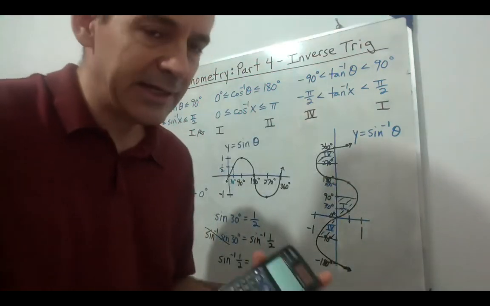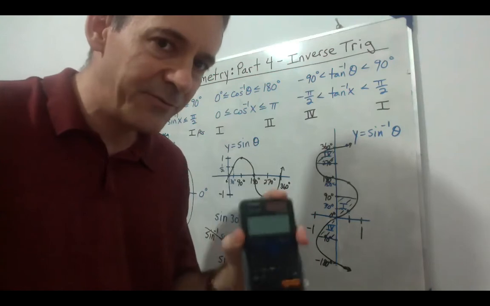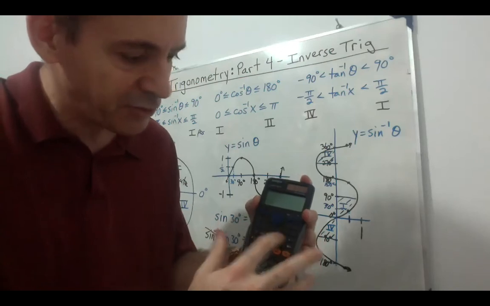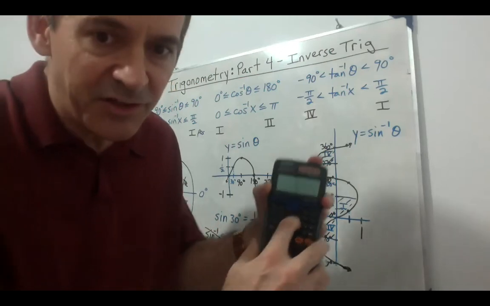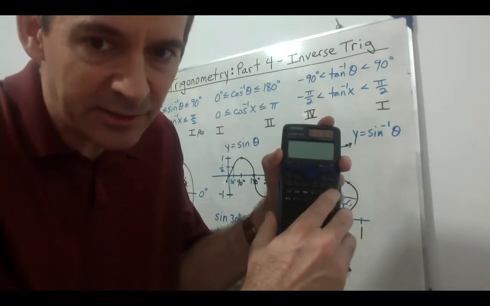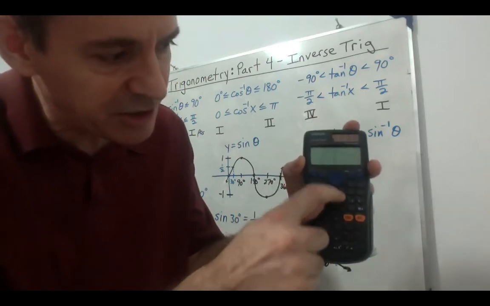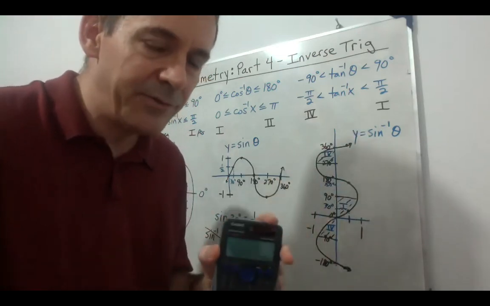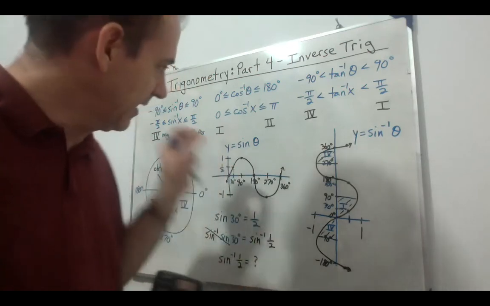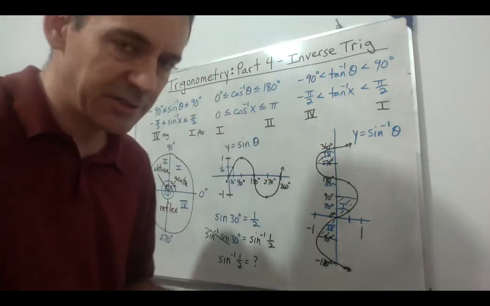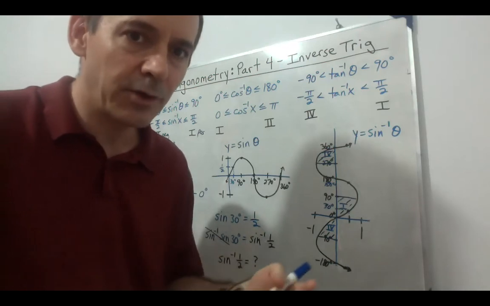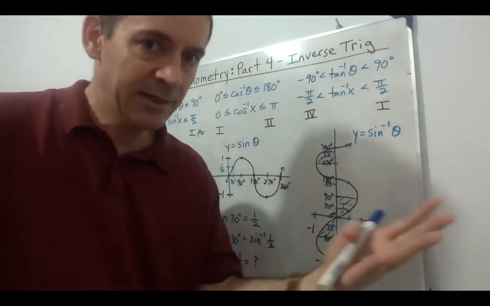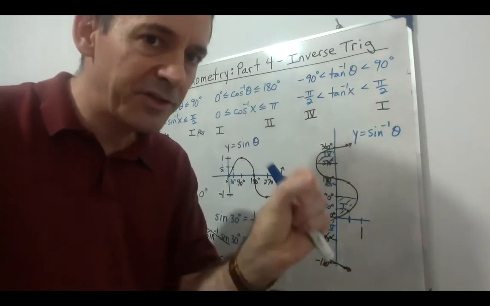So you have to get used to the fact that when you use the inverse trig function, meaning sine to the -1, cosine to the -1, and tangent to the -1, which are just above your keys there, it will only give you one answer in these particular quadrants. These are called the principal values for these inverse trig functions, because there are many values. So it gives you the principal value.